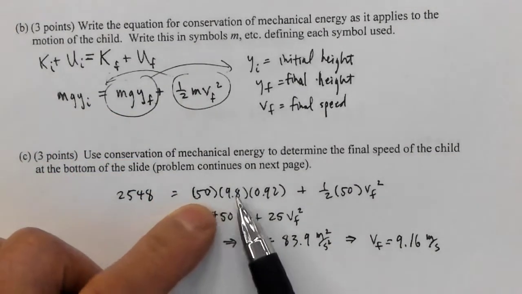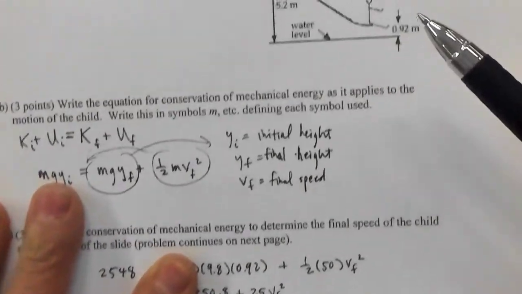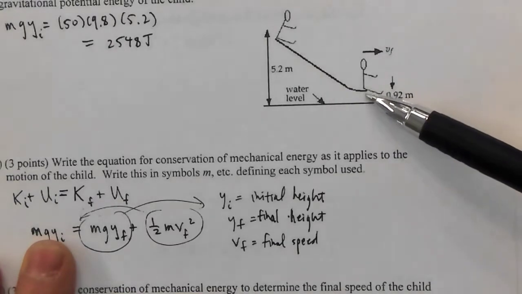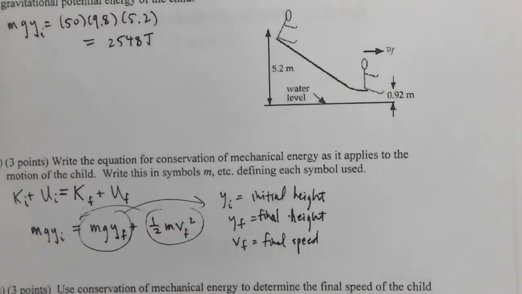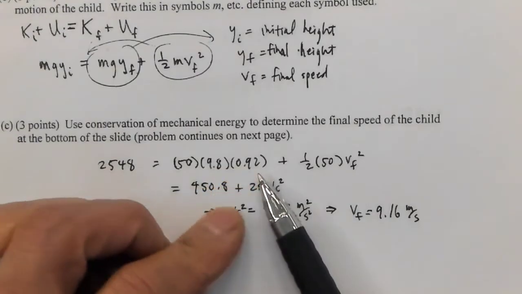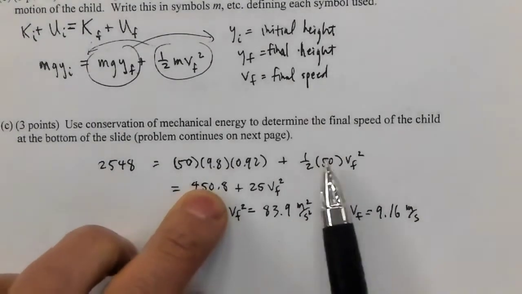So m is 50, g is 9.8, and y final, this height, you can't see it, is 0.92. So this child is not exactly at the water at the end of the slide, but 0.92 meters above the water.